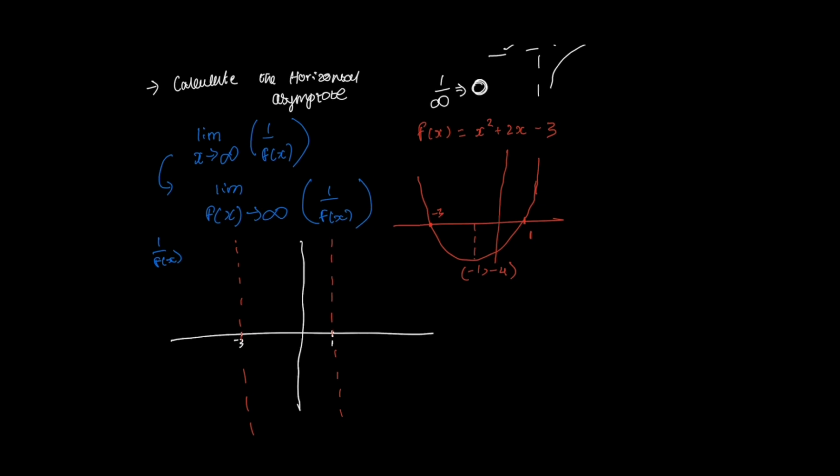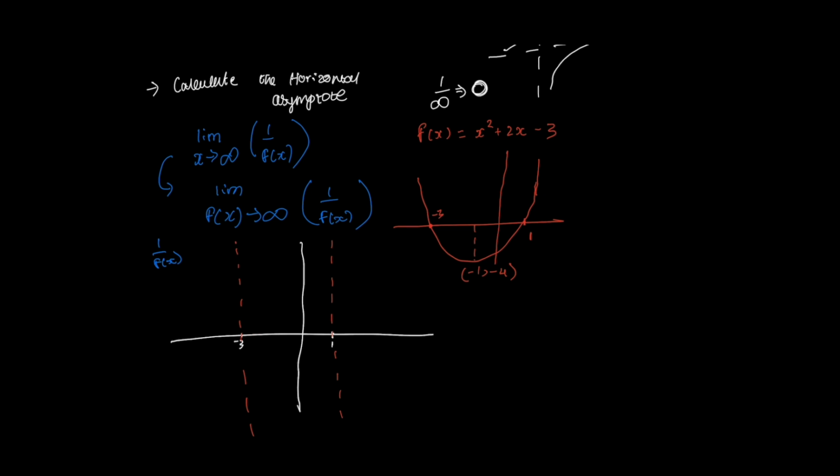Obviously there were no vertical asymptotes in a quadratic function, and therefore it's safe to say that there are no x-intercepts. And since there are no x-intercepts, we know that y is equal to 0 would actually be the horizontal asymptote. This is true for most quadratic functions.